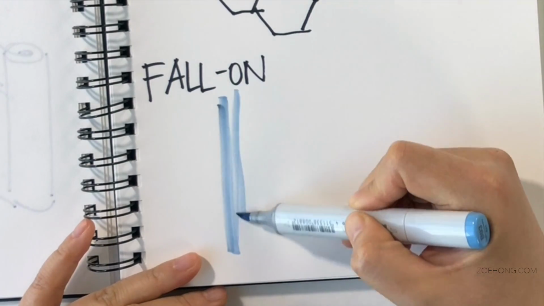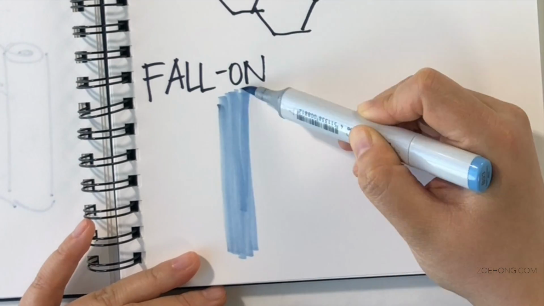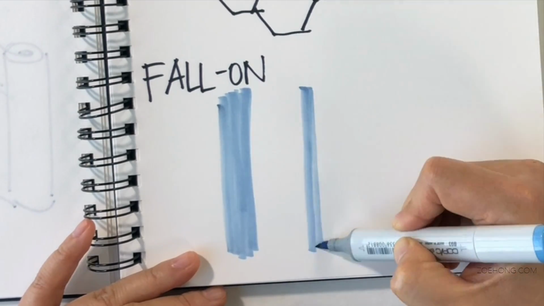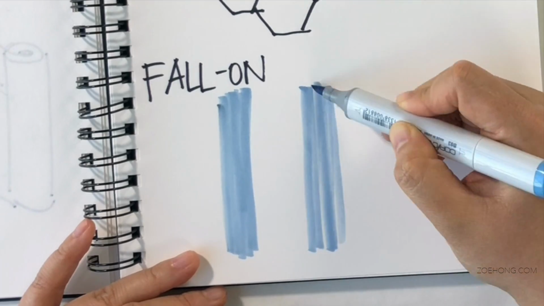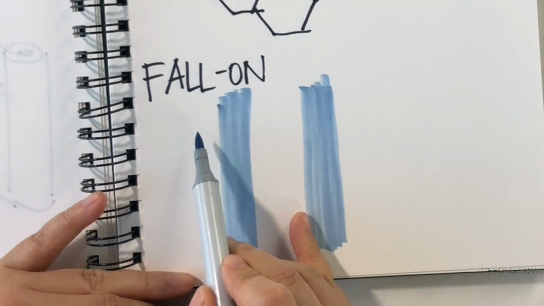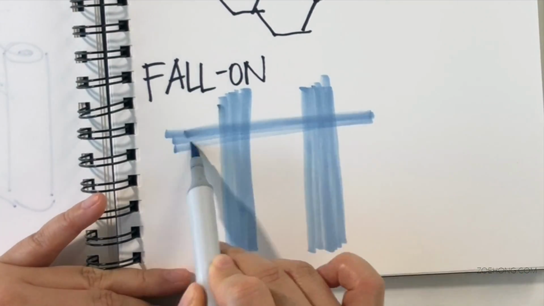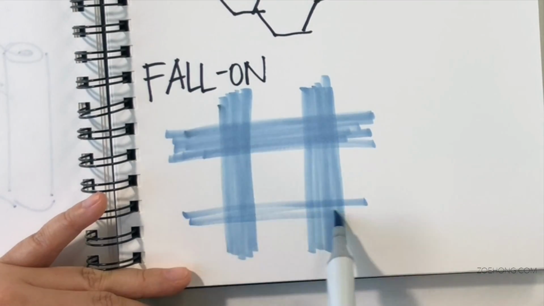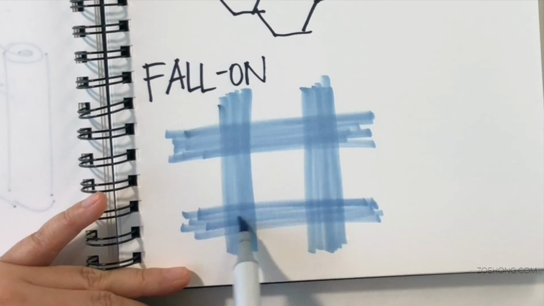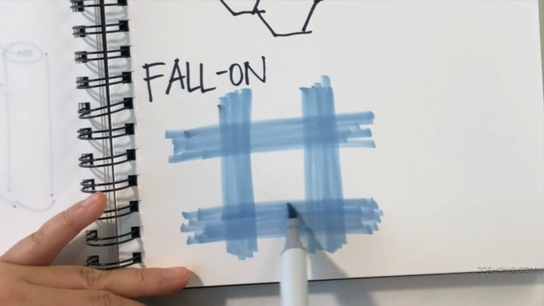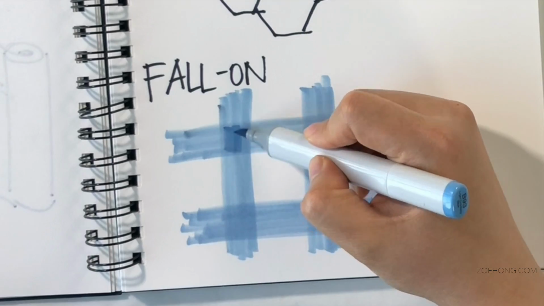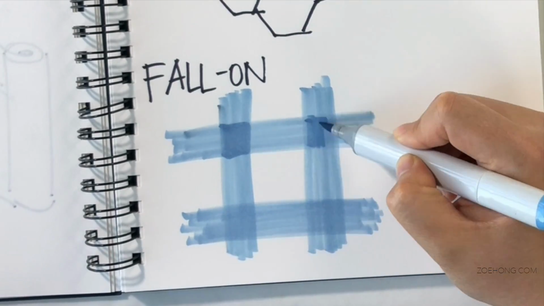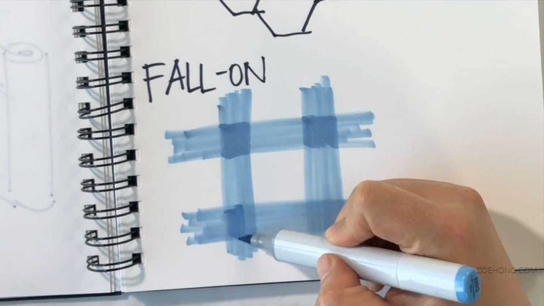Fall-on effect is most commonly seen on plaids, but I do see it elsewhere too. This is when you look at a plaid and you have stripes going in one direction, and then you have stripes going in the other direction. And you know where they intersect, the color is different. So when you have blues intersecting each other, you get this little square where the blue is the most intense.